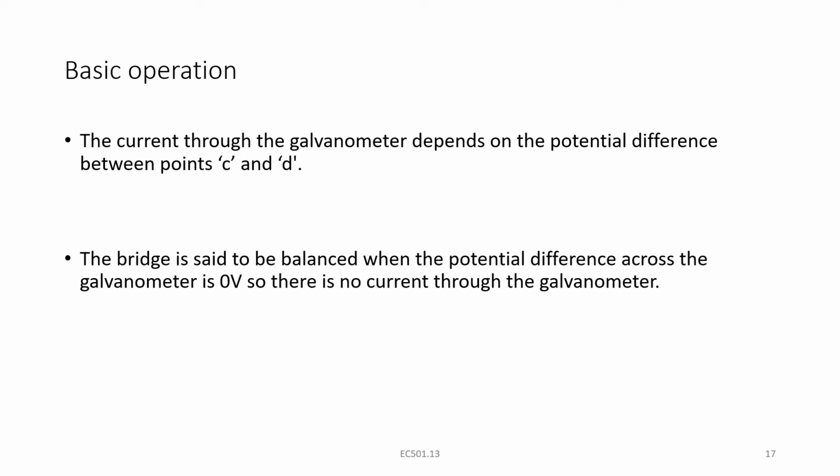Now, the current through the galvanometer depends on the potential difference between points C and D. The bridge is said to be balanced when the potential difference across the galvanometer is 0 volts, so that there is no current flowing through the galvanometer.